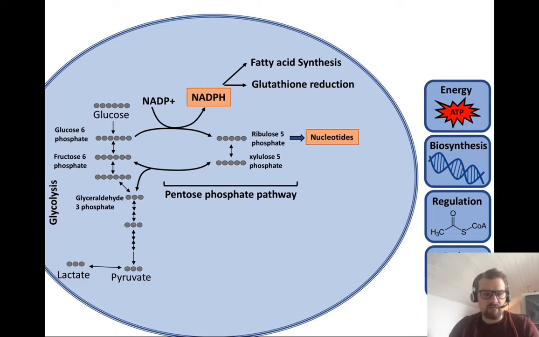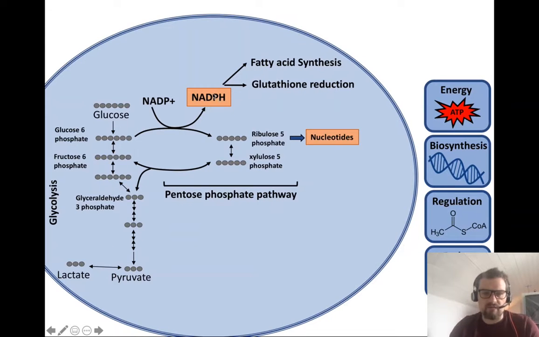So this is the pentose phosphate pathway that I discussed previously. It's quite an interesting pathway that has quite a few outputs. Glucose-6-phosphate can be converted into ribulose 5-phosphate, as I said before, to make nucleotides. During this process, you also generate NADPH, which is similar to NADH, but different.